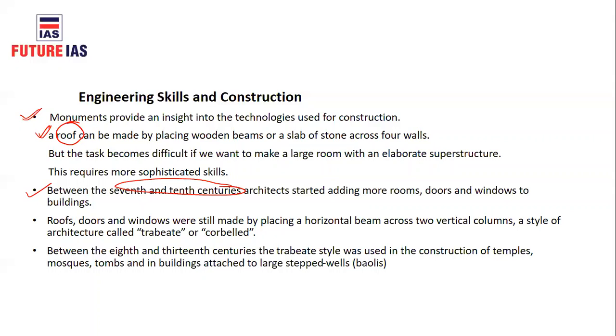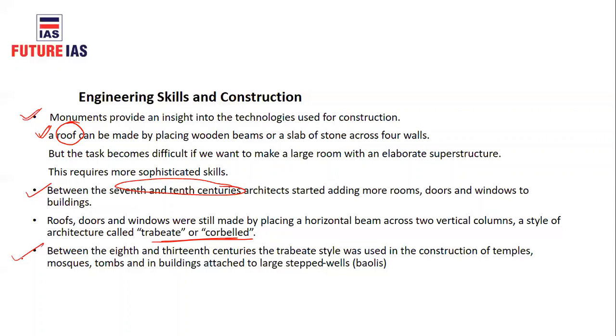All right. Now this style of architecture, which is made by placing a horizontal beam across two vertical columns, is also known as trabeate architecture or corbelled architecture.